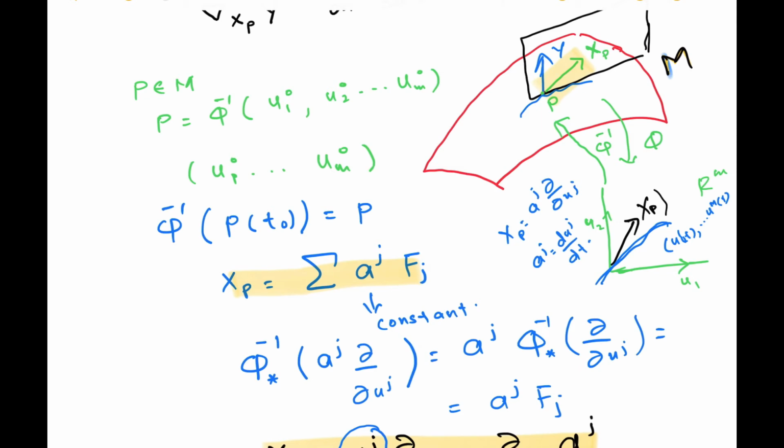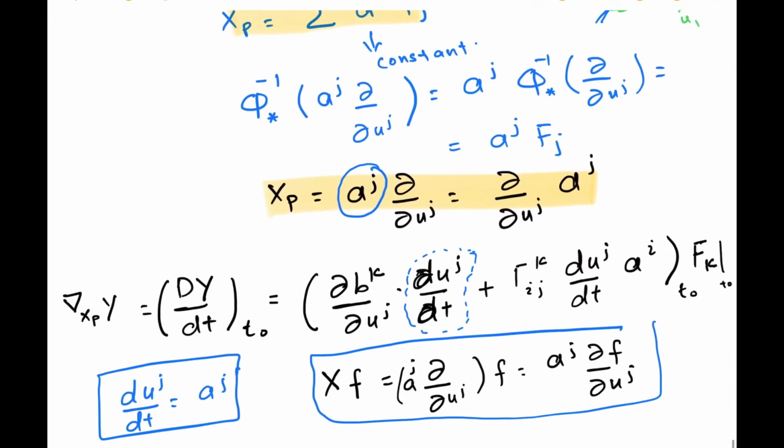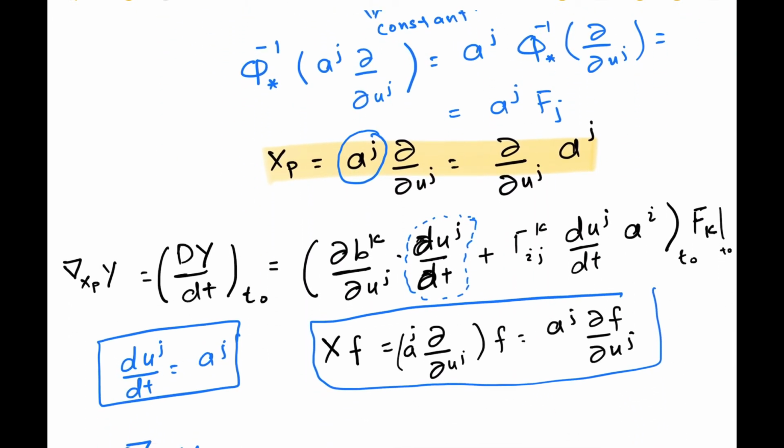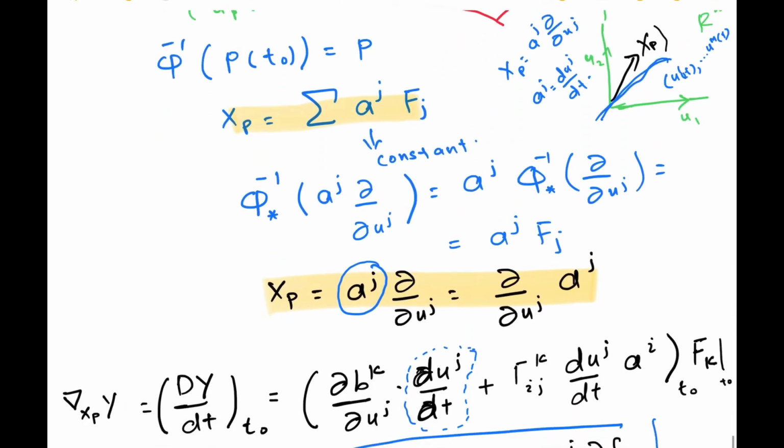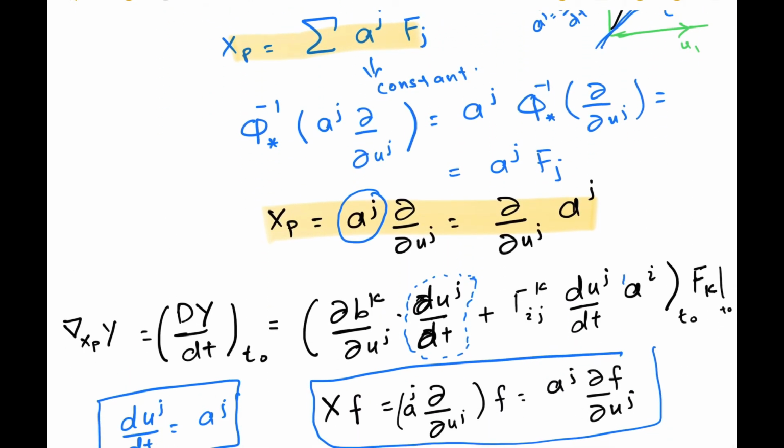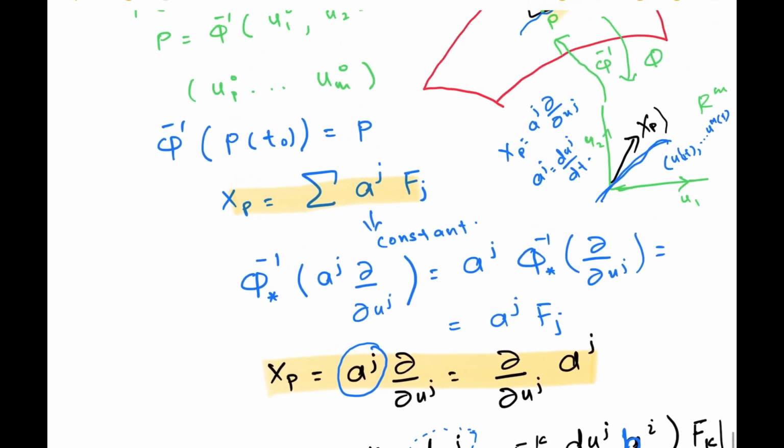So this will be the notation. This ai is actually bi, because this is coming from the vector field Y, and the components of Y are represented with B. And aj is the component of this xp, so aj is duj by dt.